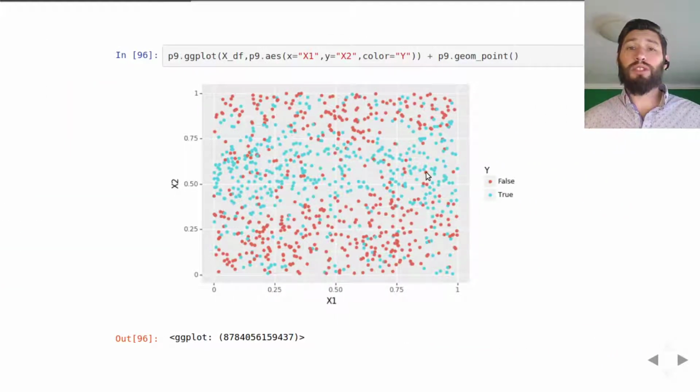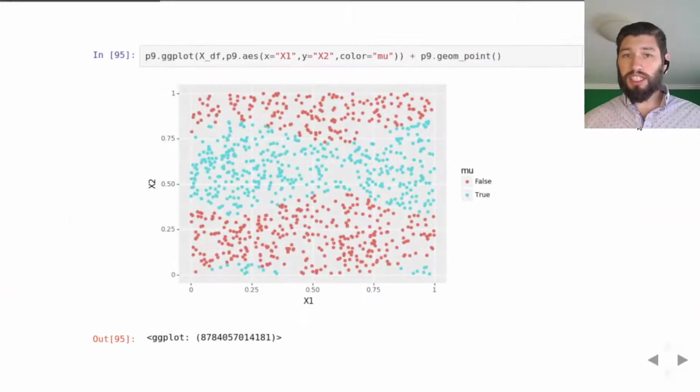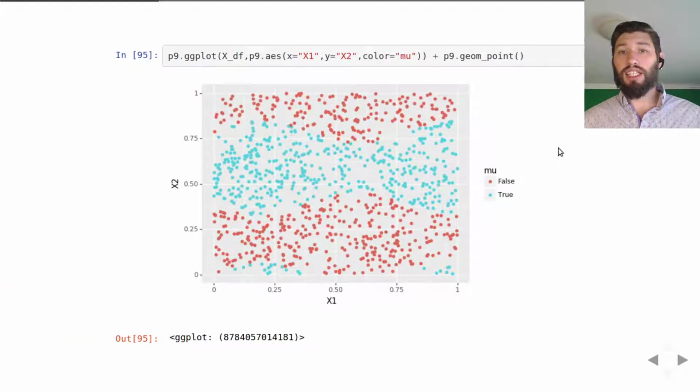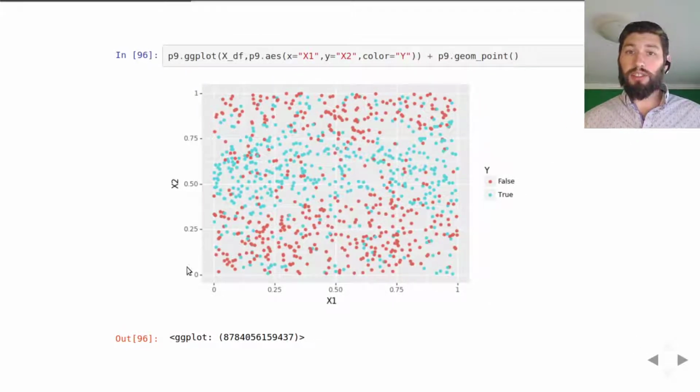Then we draw a binomial to add noise: if you were previously in the blue latent class, you have some high probability, but not a probability of 1, of being blue in the end. Same with red. And so you end up getting a bit of noise in this data set.